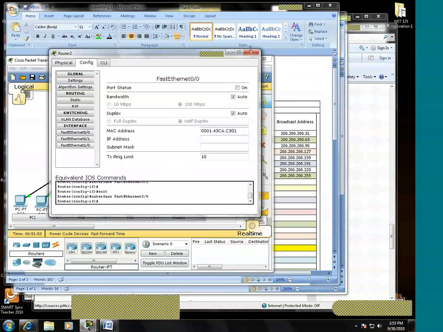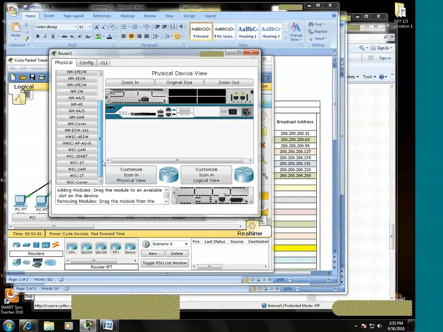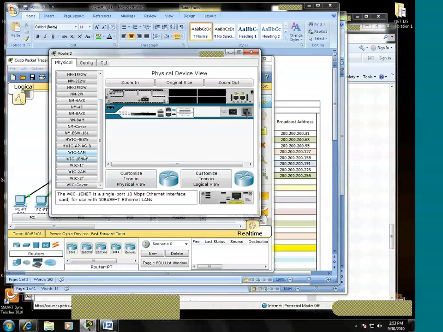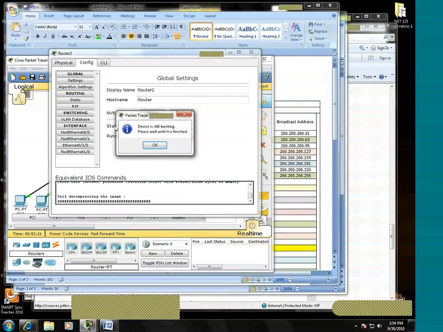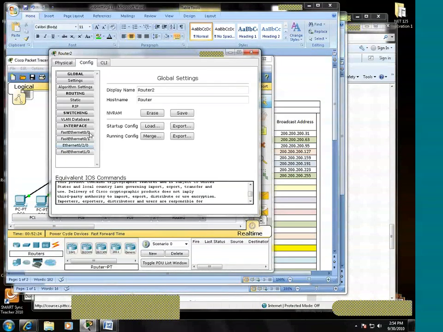Mm-hmm. So we'll turn off the router and let's go to, okay. Yeah, this is an Ethernet module that will fit in one of the smaller bays. Okay.